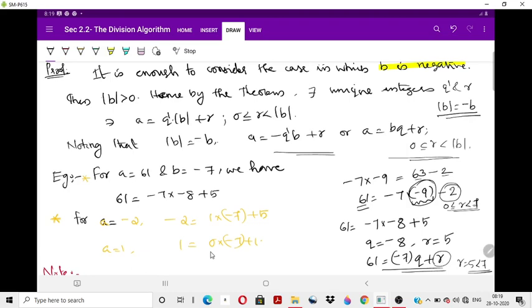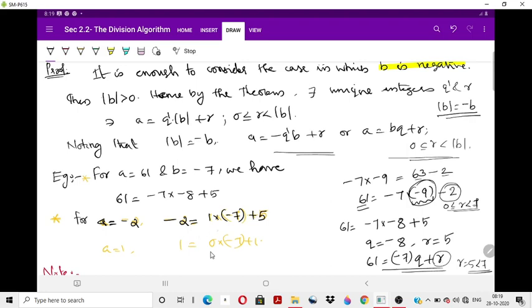Now for a equal to minus 2, with b the same, minus 7. We can write it as 1 into minus 7, and in order to make it minus 2, we have to add 5.